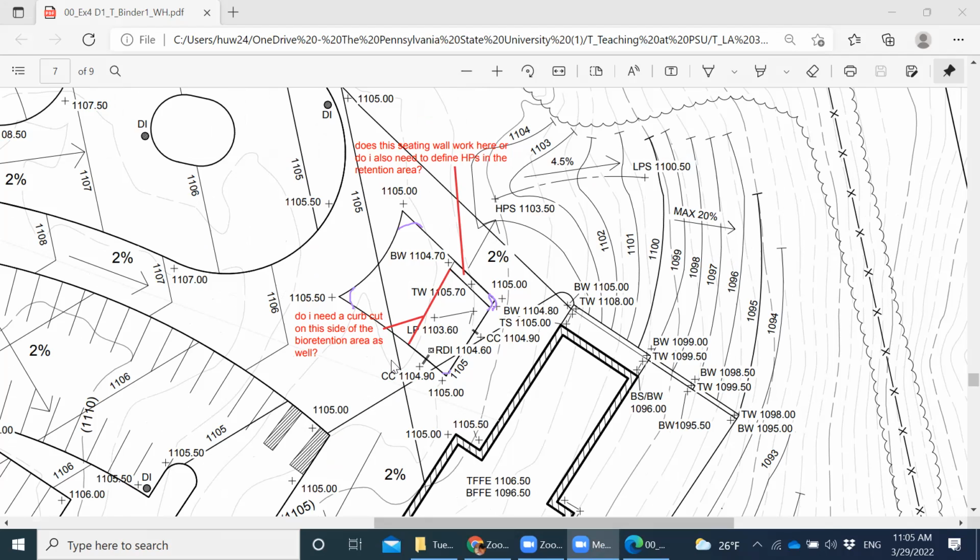Yeah, I don't think you should separate them because they're at the same elevation. Your swale, it feels like you have one on this side and then another on that side, right?